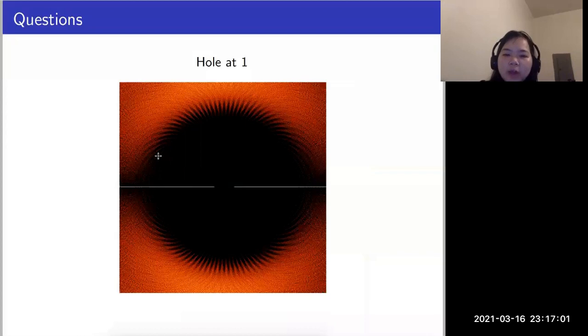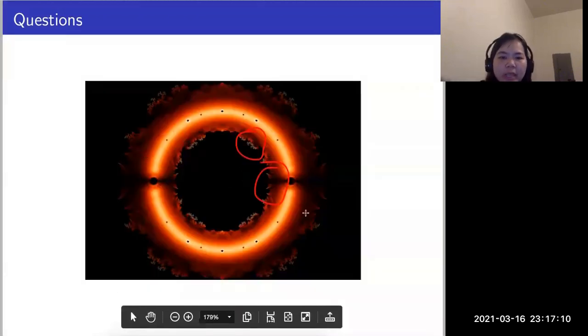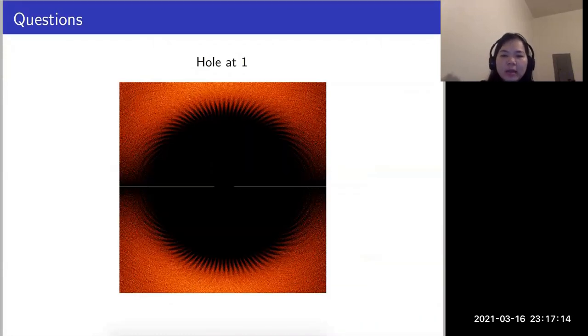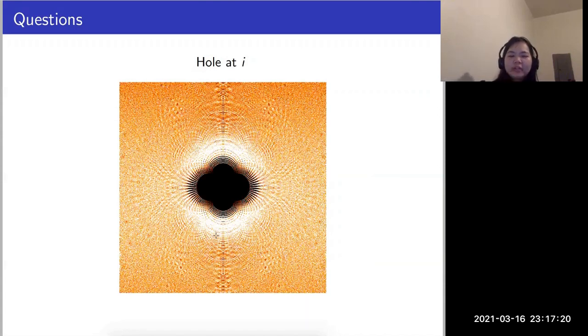And then with the holes, here I zoom in on the hole at 1, which is the biggest hole that we would see in this picture. And then let me zoom in on the holes at other points. So through bare eyes, I would guess that these holes firstly have different diameters, and secondly, they have different fractal-like structures.